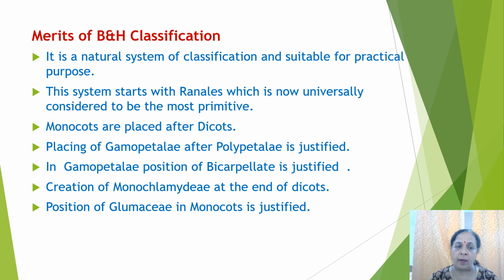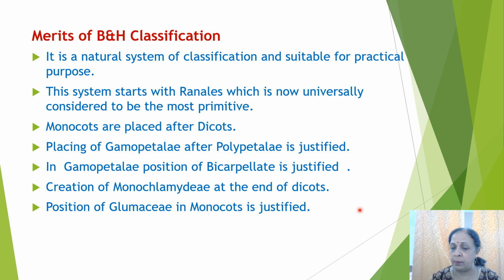It is justified. And placing of Gamopetalae after the Polypetalae is also justified according to the phylogenetic principles. In Gamopetalae, position of the Bicarpellatae is also justified. Creation of Monochlamydeae group at the end of the dicot is also good, and position of Glumaceae in monocot is phylogenetically justified.